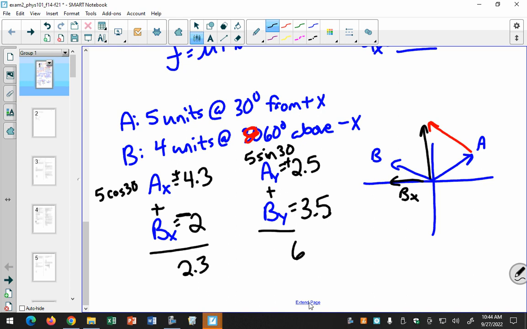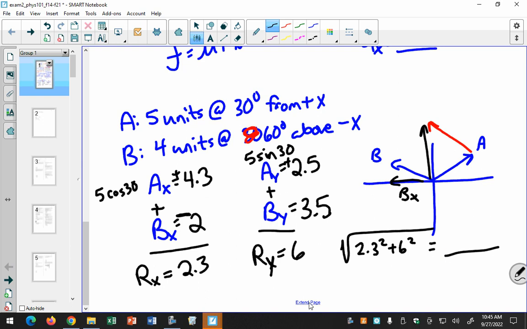So I add those up, and this gives me the x component and the y component of the resultant vector. Then if I want to find the magnitude and direction, I do the square root of 2.3 squared plus 6 squared. That is whatever it is. And then to find the angle, I'll call it phi in this case, it's the inverse tan of the y component over the x component, that's 6 divided by 2.3.